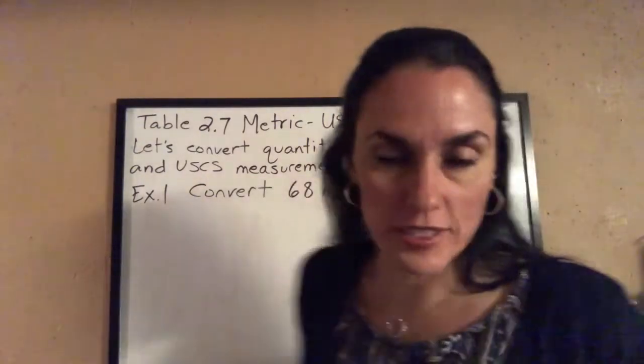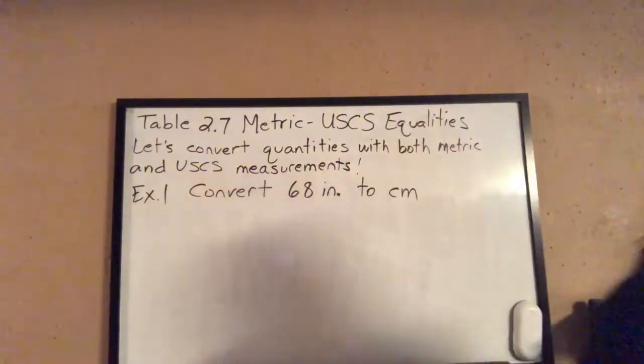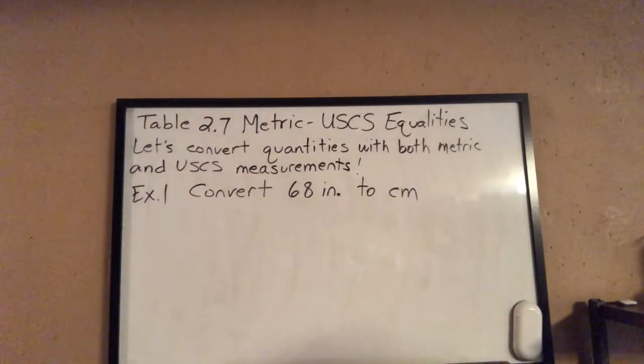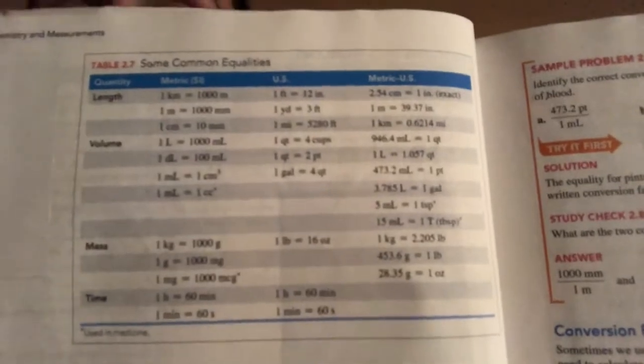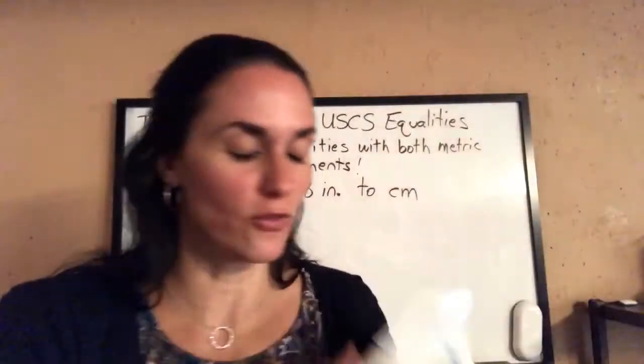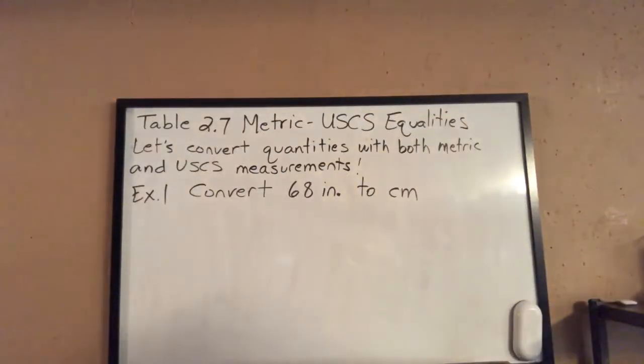If you have a direct equality, by all means use it. If you go to table 2.7 in your textbook, and you look under the length column, you will have this equality for inches to centimeters. Sometimes we don't, and we'll need to use multiple conversion factors, but right now let's start off simple.